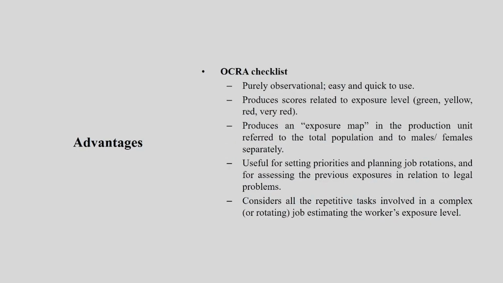However, there are some disadvantages. First, some more advantages. It is purely observational and easy and quick to use. It also provides scores related to exposure level like green, yellow, red and very red, and produces an exposure map in the production unit referred to the total population and to male and female separately. It is useful for setting priorities and planning job rotation.